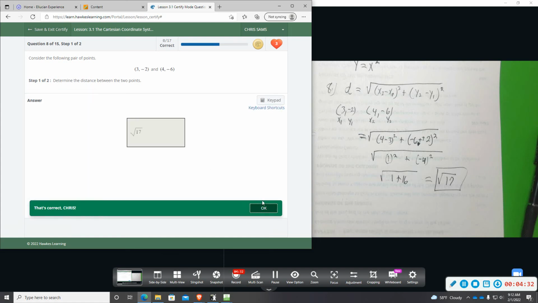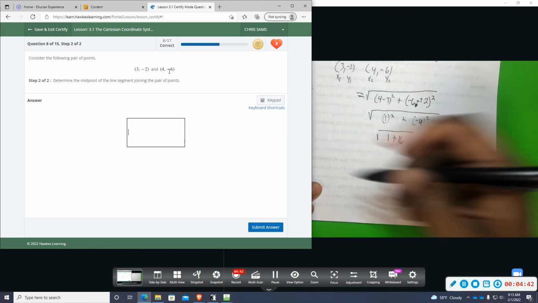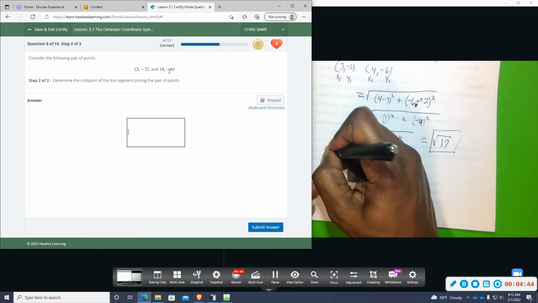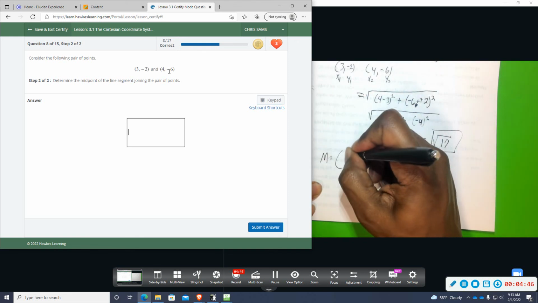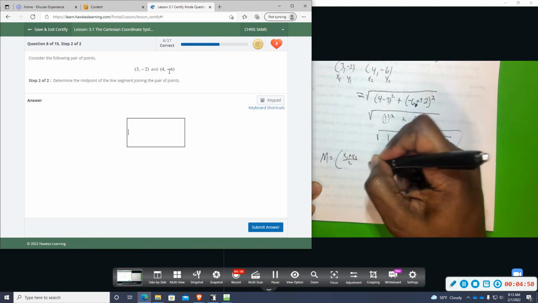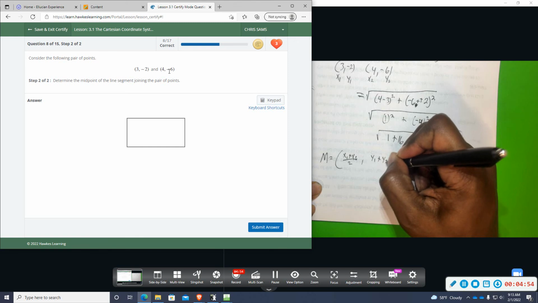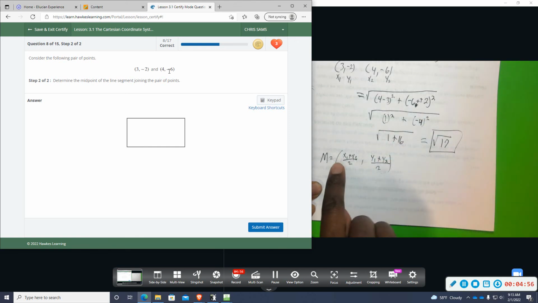Alright, now there's a part 2. We're going to determine the midpoint of these 2 points. So the midpoint was x1 plus x2 divided by 2, and then y1 plus y2 divided by 2. So we're just adding them up and dividing by 2.